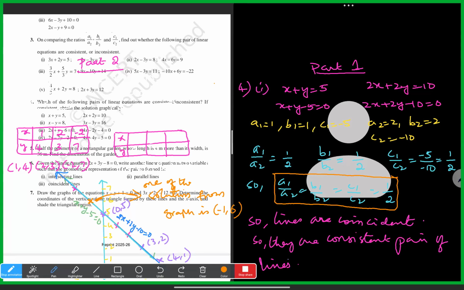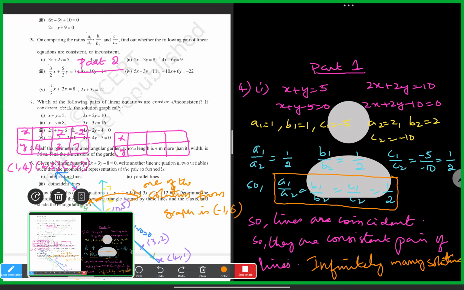I just wrote one solution from the graph, but these lines actually have infinitely many solutions, because the lines are coincident. Both of them have infinite solutions in common. So they didn't draw the graph.